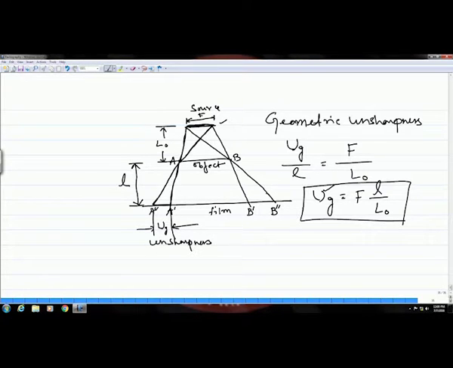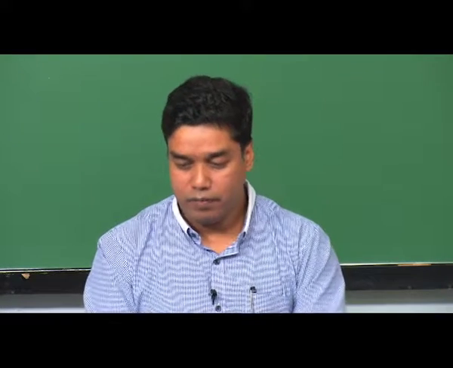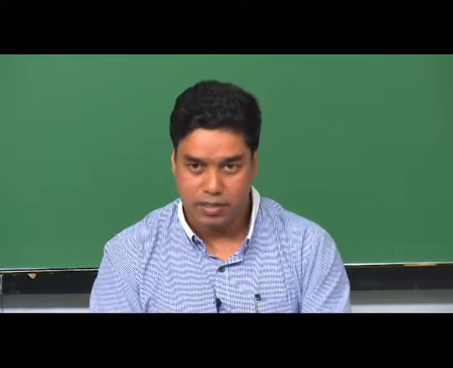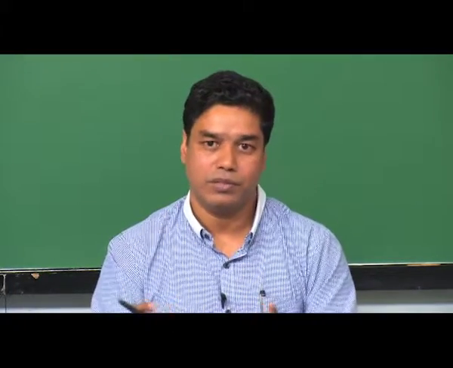And according to this particular equation, you can see that UG can be minimized if you could minimize f, keeping the other two same. For a particular focal spot size, you can either minimize L, that is the distance between the object and the film, or you can maximize L naught. Okay. So, these are the 3 choices that you have to minimize the unsharpness and get the best quality image.